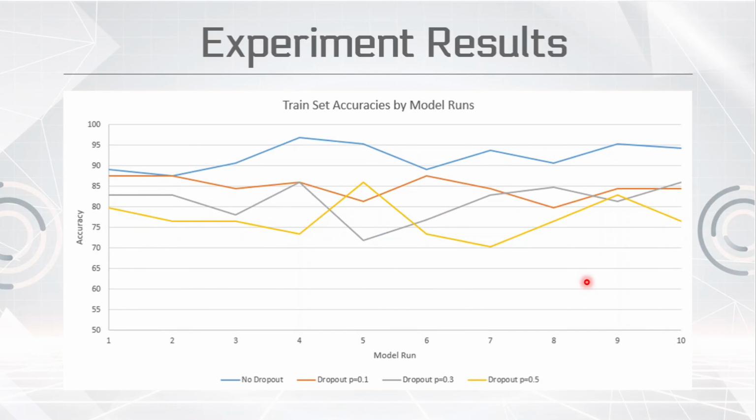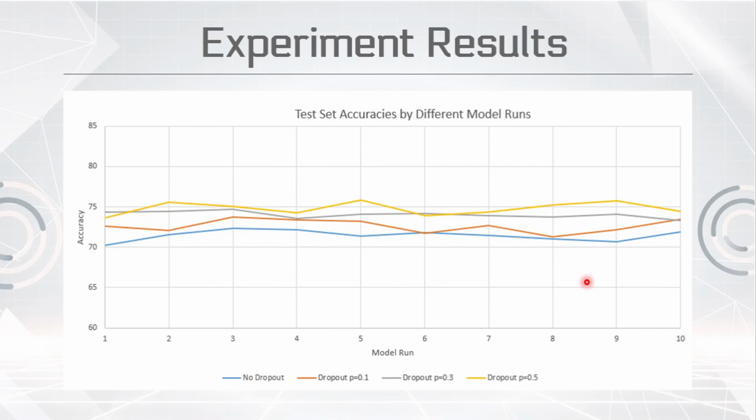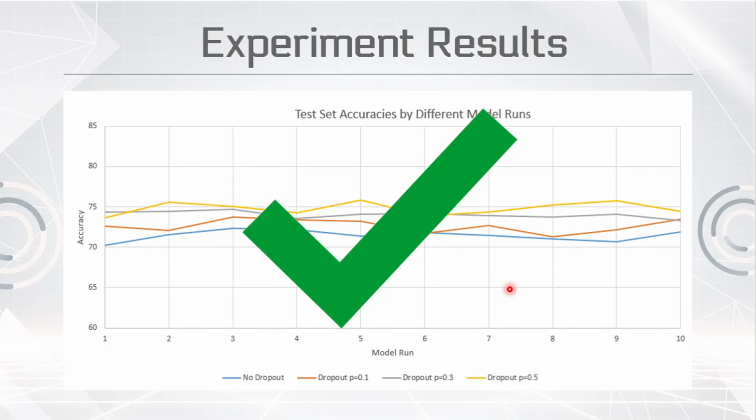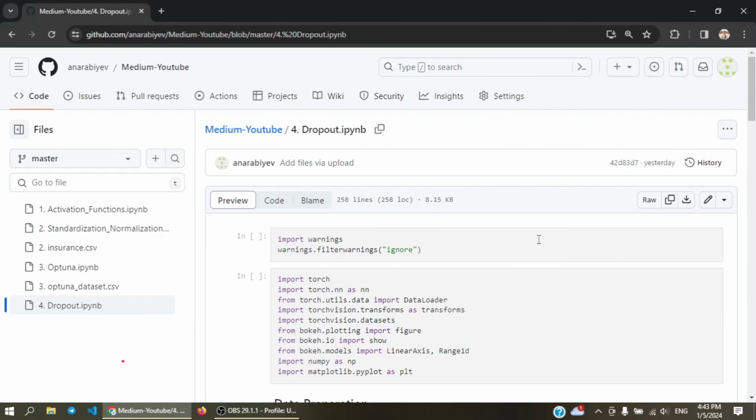So let's see again. For the train set, when you don't use any dropout, you will get the highest value, and when you use dropout, you will get a lower value. But our global goal is to have the highest scores for the test set. So using dropout will solve the overfitting problem and your model will generalize better. In summary, we have solved the overfitting problem by dropout, and dropout has been successful for the regularization of the model.